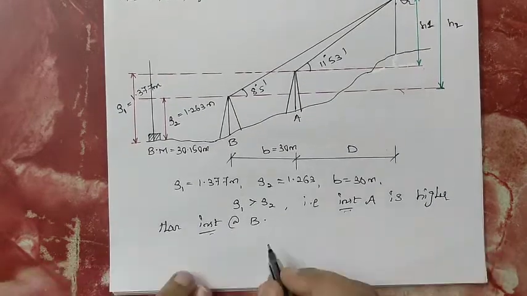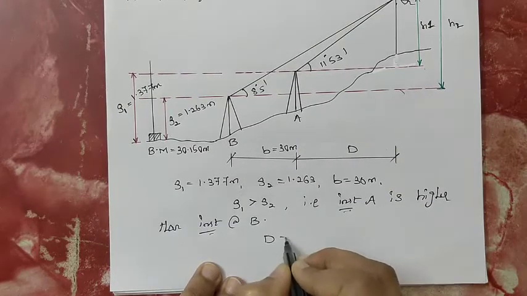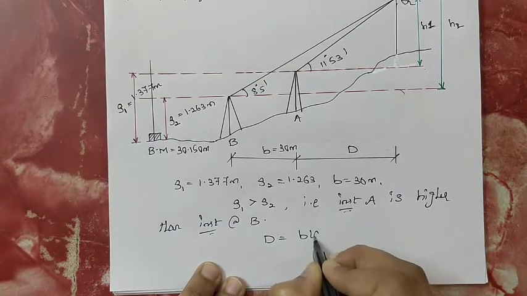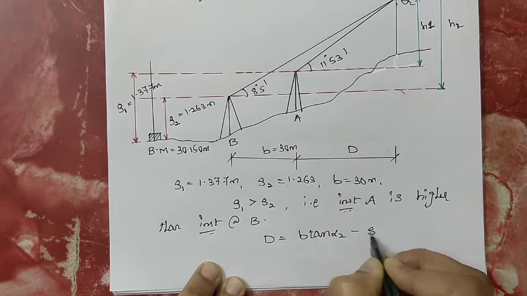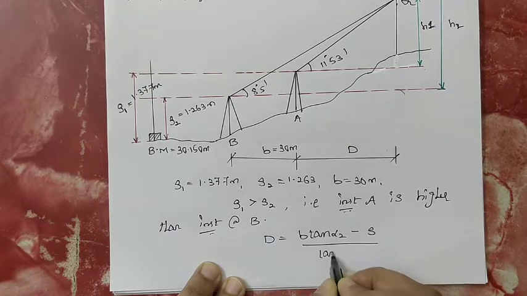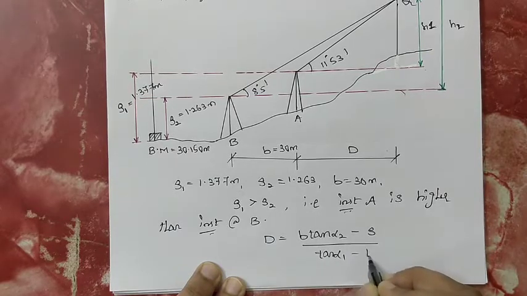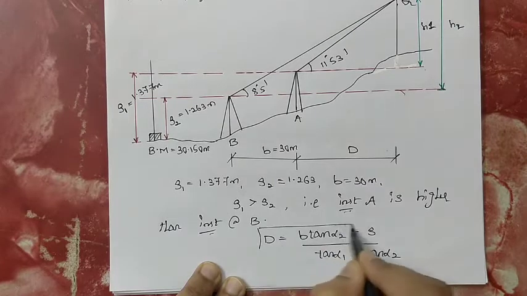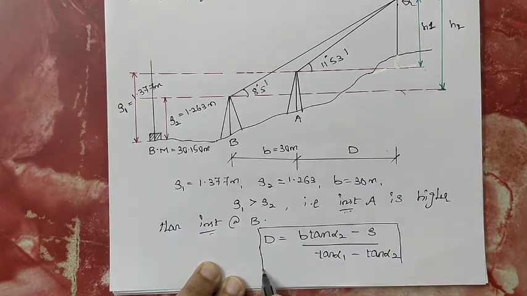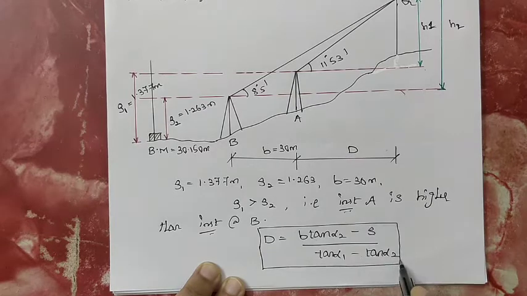Distance D is given by D equals B tan alpha 2 minus S divided by tan alpha 1 minus tan alpha 2. This is the formula to calculate the distance when the instrument A is higher than instrument B.